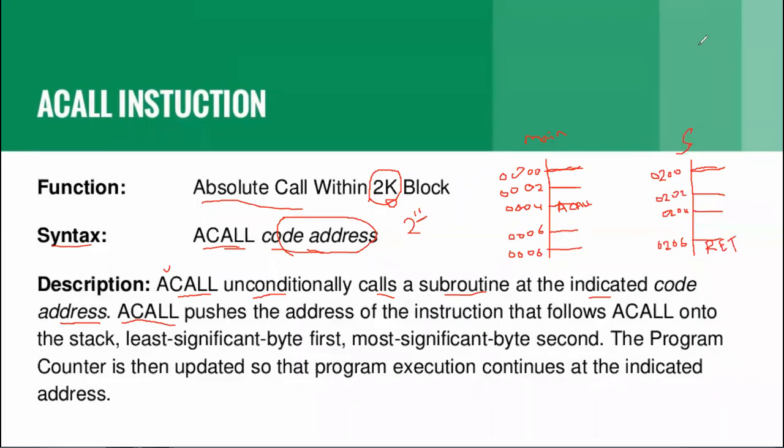Now I have the PC register. What is the size of a PC register? It is 16 bits. Correct? Then I have SP. What is the current location that SP is pointing at?